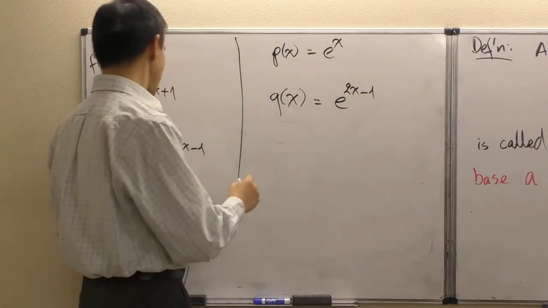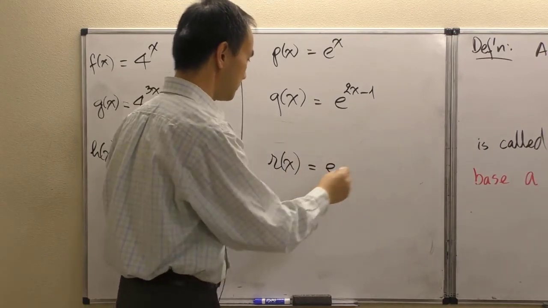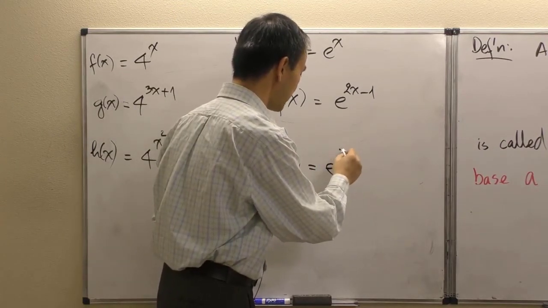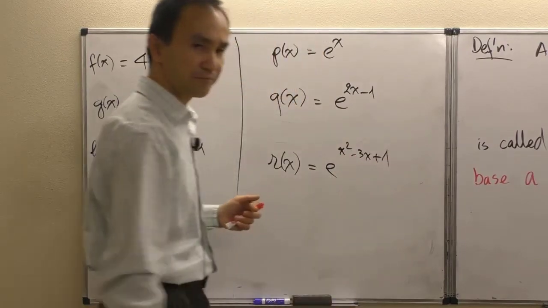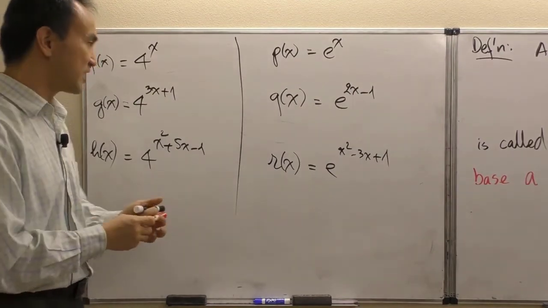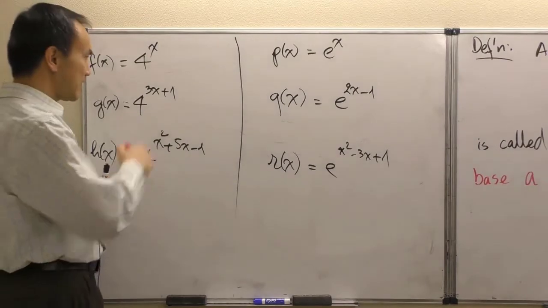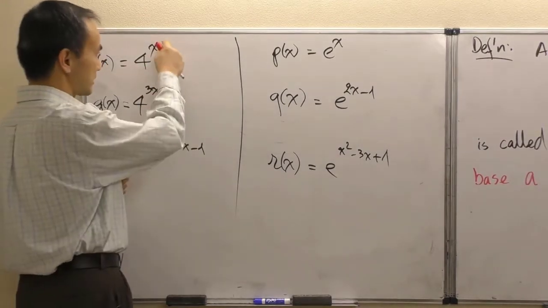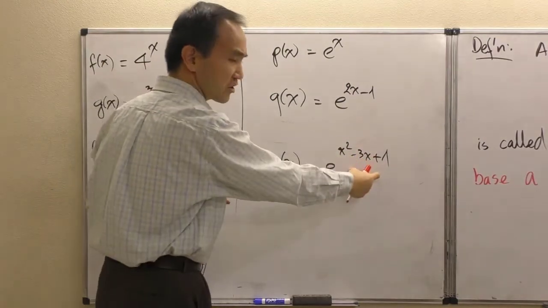And then we came to r of x being e to the x squared minus 3x plus 1. Okay, and so these all have some similarity in a sense that they all have a base, and the base is constant. And then the exponents, the power, are either a simple expression or a more complicated expression.